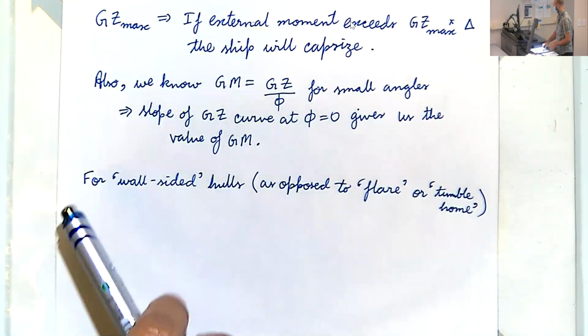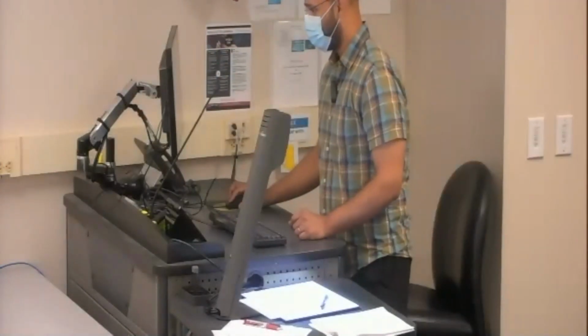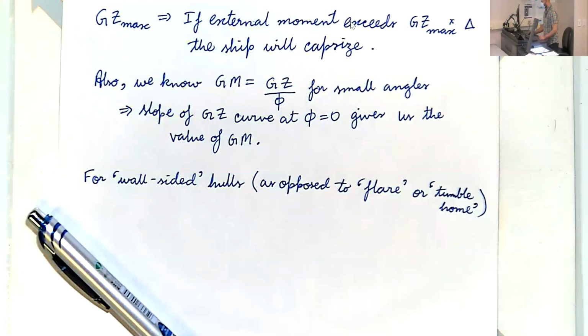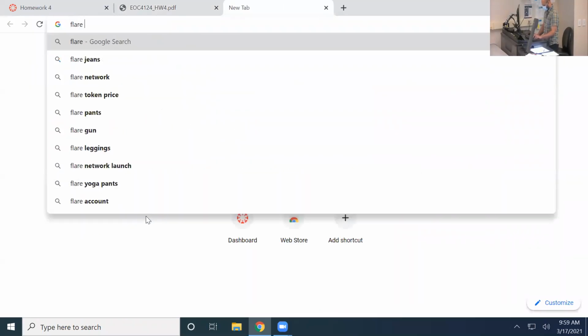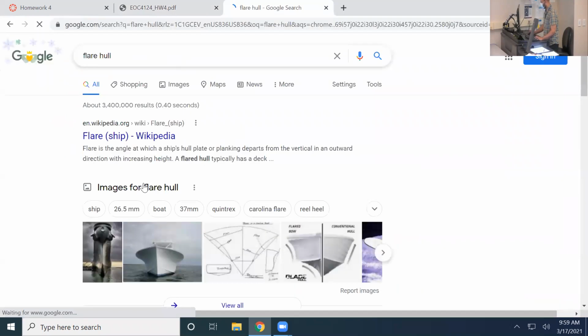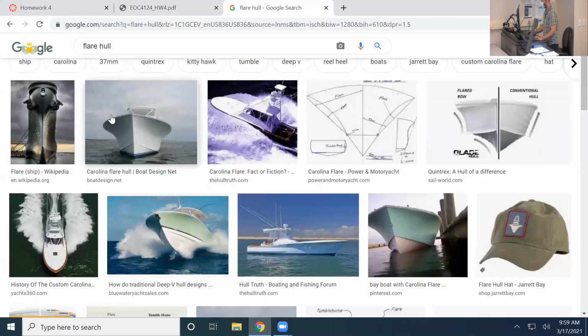Yeah, I didn't know them either. So let me just pull up an image. That's what we are used to seeing. Yeah, that's called a flare: widest at the deck and tapering down at the keel.